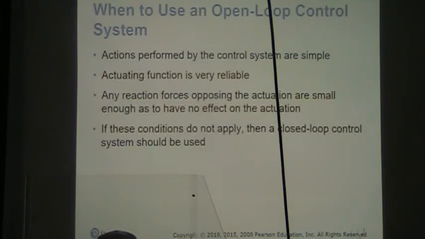Any reaction forces opposing the actuation are small enough that we're not going to have an effect on the actuation. If these three conditions don't apply, then we need closed loop control so that we're getting feedback and the machine can stop itself if a problem is happening.